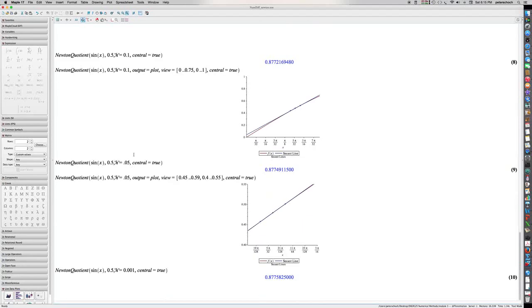If I shrink it to 0.05, even by shrinking my x ranging from 0.45 to 0.59 and 0.4 to 0.55, you can't tell the difference in those 2 lines until you get way out here, which is well past the interval where I want to evaluate this thing.